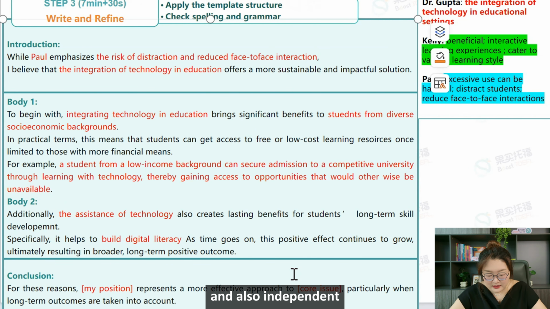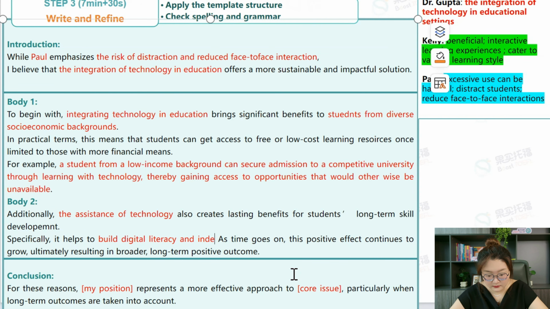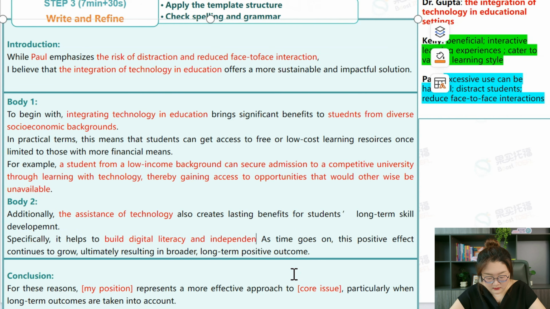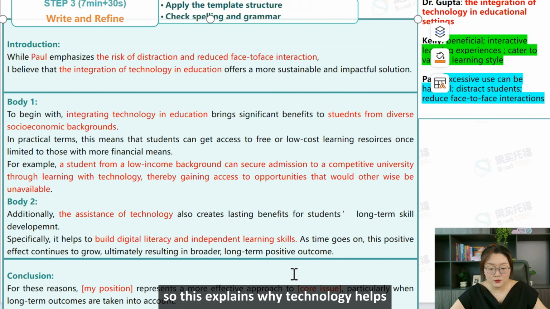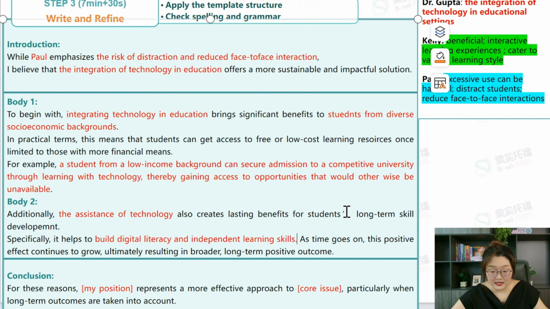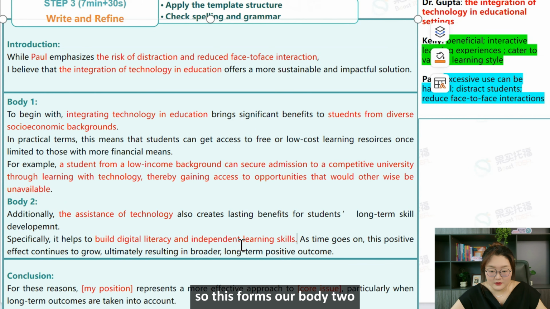Okay, and also independent learning skills. So this explains why technology helps with students' long-term development, because students can learn about digital literacy and independent learning. All right, so this forms our body 2.